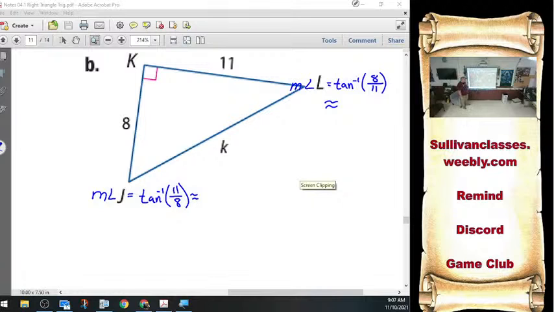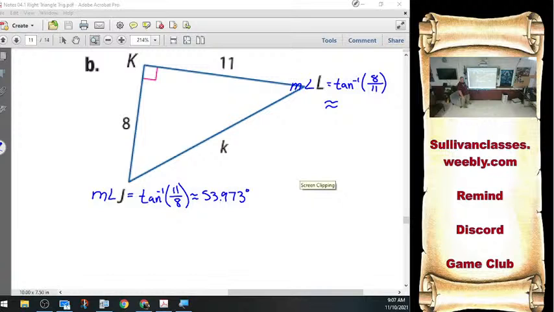For K, now some folks are going to say, well, now that I have this angle, what was it? Okay. This is faster. Because they were reinforcing place value.